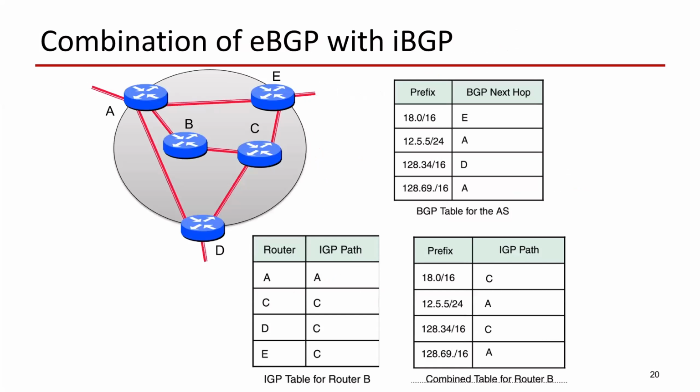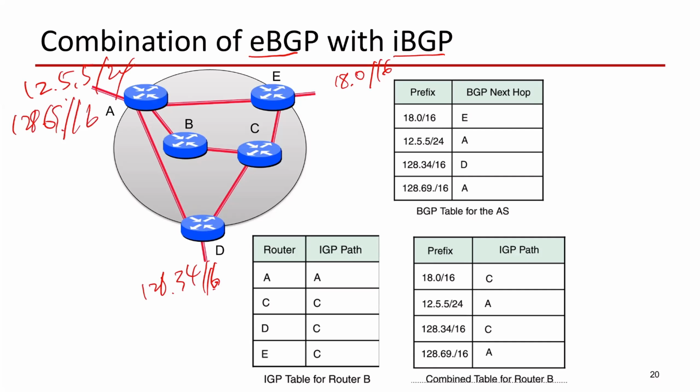Okay, so let's say it is an eBGP and iBGP configuration. Whatever information is coming from here to there, let's say one prefix was 18.0.16, another 12.5.24, and D was 128.69.16. An IP address itself is hierarchical, and if packets are consistently coming from this way, it means A handles these prefixes and D handles these prefixes.